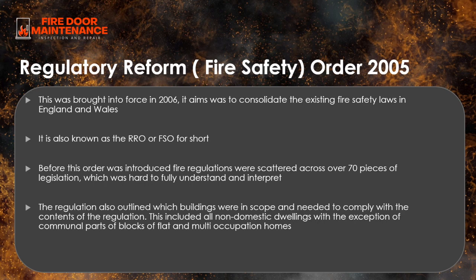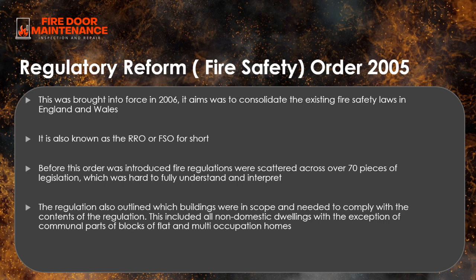It is now known by 2 names: the Regulatory Reform Order, or the RRO, or the Fire Safety Order, the FSO. As mentioned earlier, prior to this order there were over 70 pieces of legislation which related to fire and fire safety, which made the whole process very complex and hard to understand, and even harder to interpret.